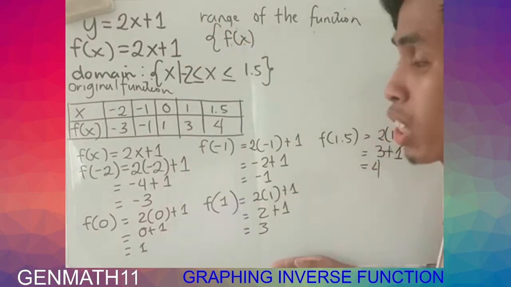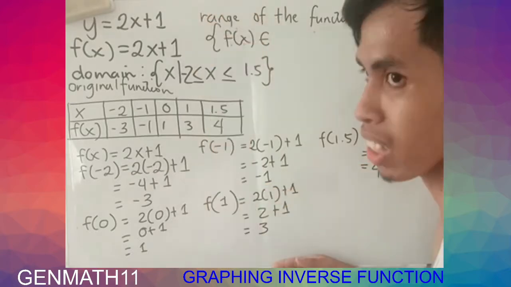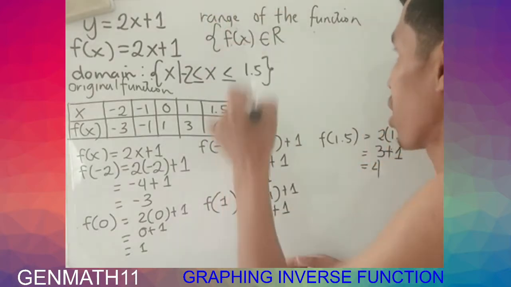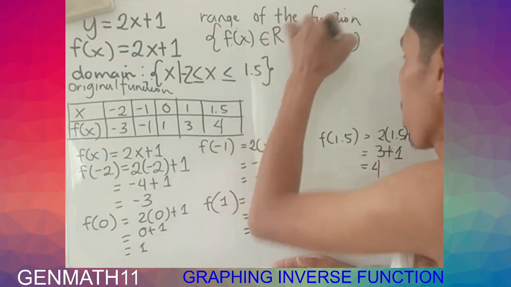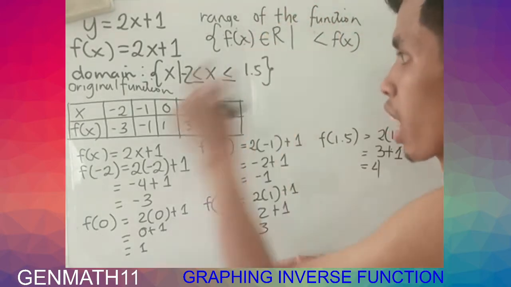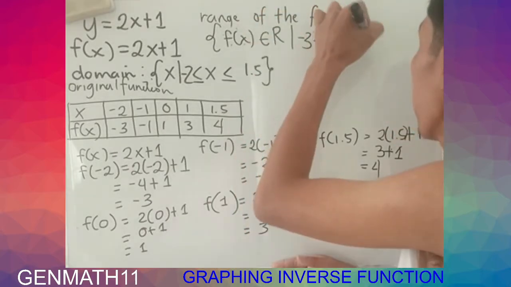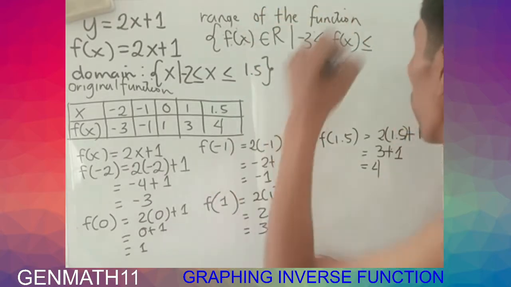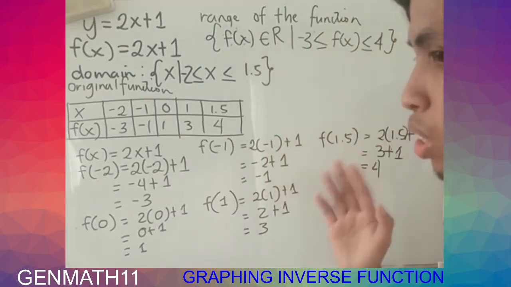Since, di ba, sa function ang ginagamit natin is f of x. So, ganyan. F of x is a set of real numbers such that f of x is greater than or equal to negative 3, then less than or equal to 4. So, solve na natin yung range of the function natin.